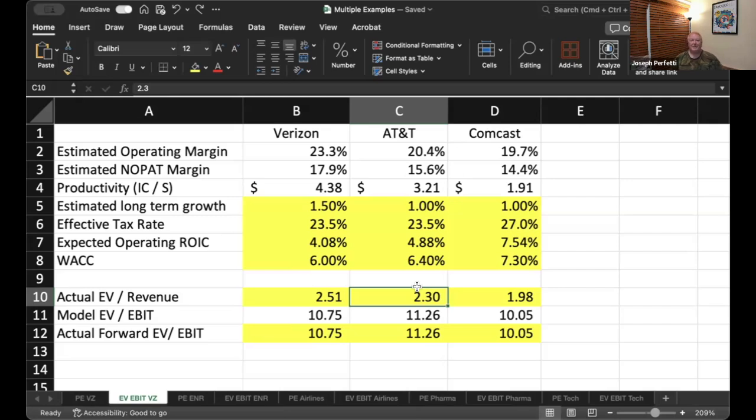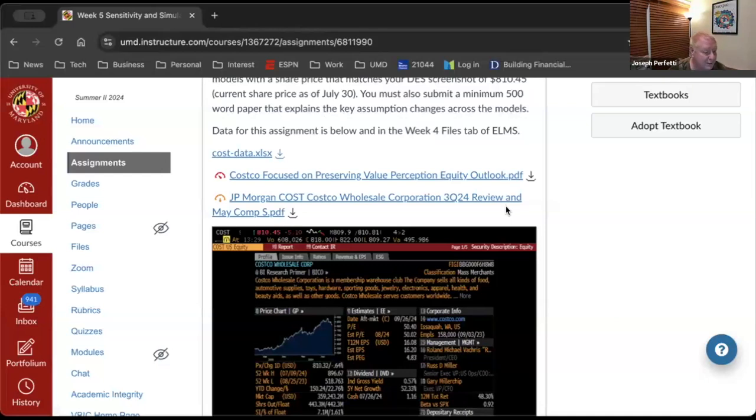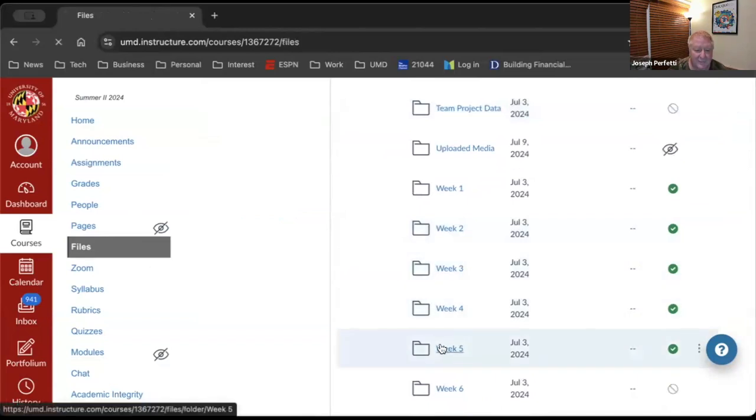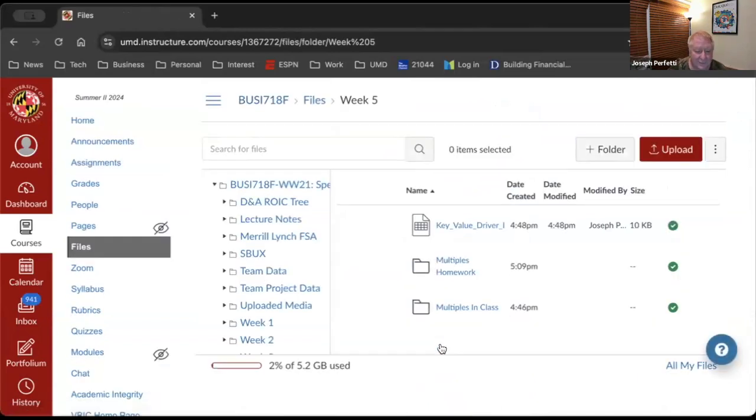Okay. So what I did is I posted earlier tonight in Elms. So we'll do this together. The first one in class. Under the files folder, under week 5, I did a folder called multiples in class.